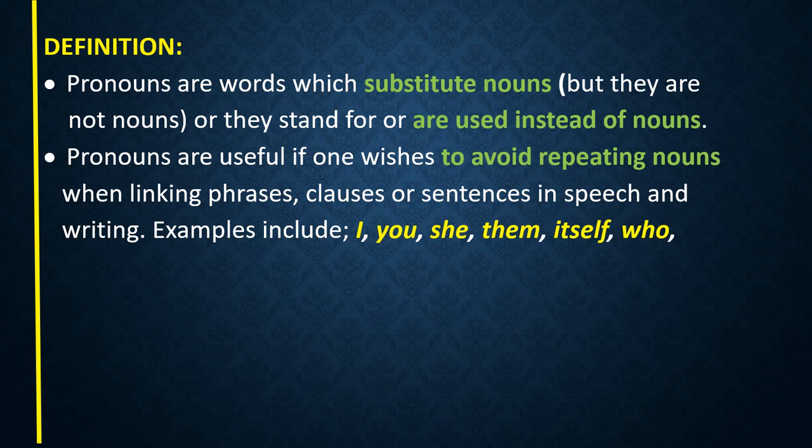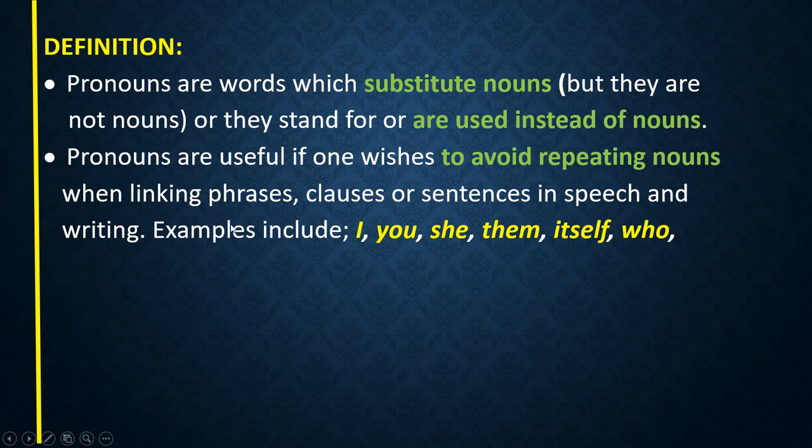A clause is a part of a sentence. A sentence can also have more than one phrase. So in linking up these clauses and phrases or parts of a given sentence in speech and writing, we use pronouns to avoid repeating the nouns.